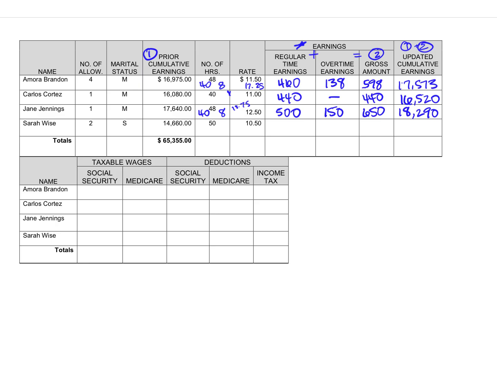All right, I'm going to fill in the last one just real quick, and hopefully you can verify that your calculations would be the same. All right, I filled in the information for Sarah. You can see she worked 40 hours of regular time and 10 hours of overtime. We've calculated her regular earnings and overtime and updated her gross and cumulative pay.